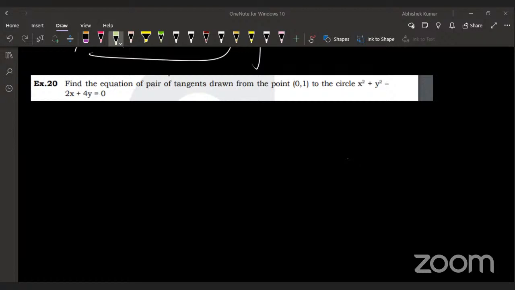But yeah, what's your x1, y1? What's your a? Your equation cannot have x1, y1 now. It cannot have a. All these values are already given to you.